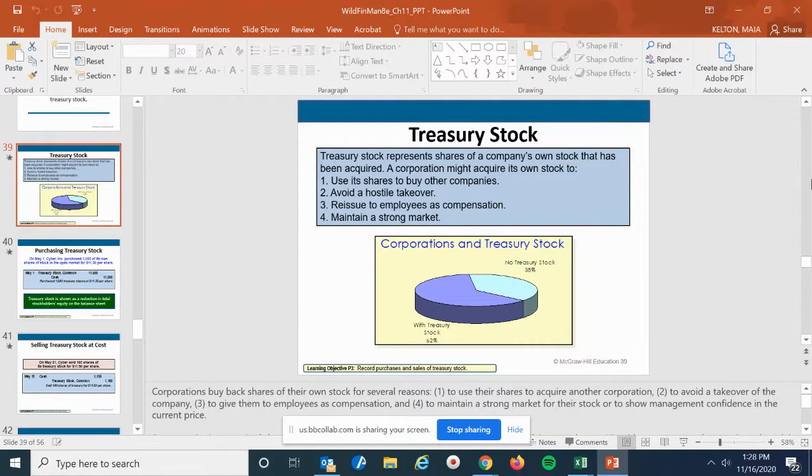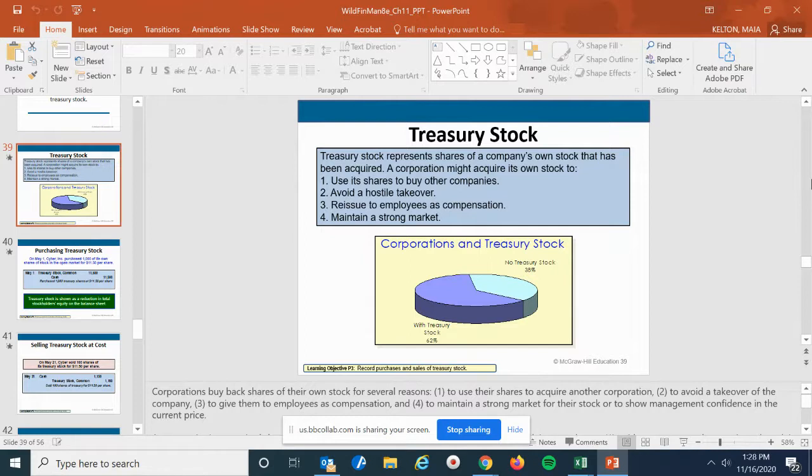One of the most common reasons is to use their stock as incentive compensation. So they buy back as treasury stock, and then they reissue it to employees as part of their incentive compensation. And here the theory is that if the employee owns a stock certificate or 2 or 5 or 100 in the company, they'll work even harder to make the company successful.